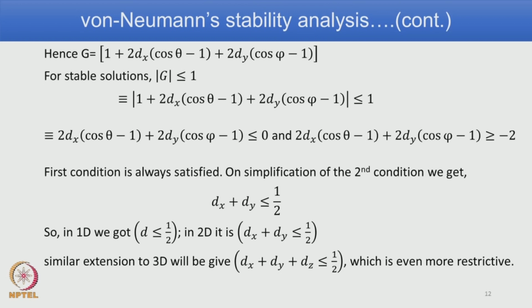Now, it becomes more restrictive in the case of 3 dimensional, where you have a summed up condition for all the 3 directions together. So, dx plus dy plus dz is less than or equal to half, and you know delta t is one parameter you can control, and del x, del y, del z are spatial distribution in respective directions.